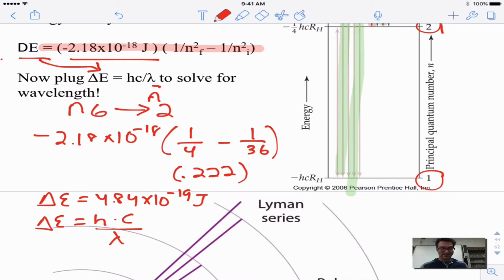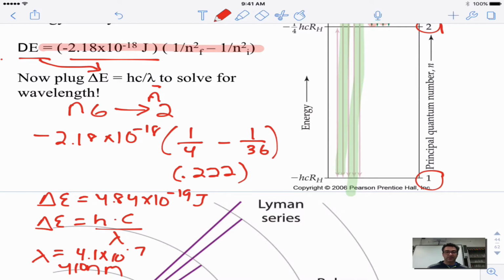Let's try it one more time. 6.63 e to the negative 34th times, let's make sure I did that right, I did, times 3 e to the 8th, and then divided by 4.84 e to the negative 19th. And there we go. So for this, I get my wavelength is equal to 4.1 times 10 to the negative 7, which is 410 nanometers.